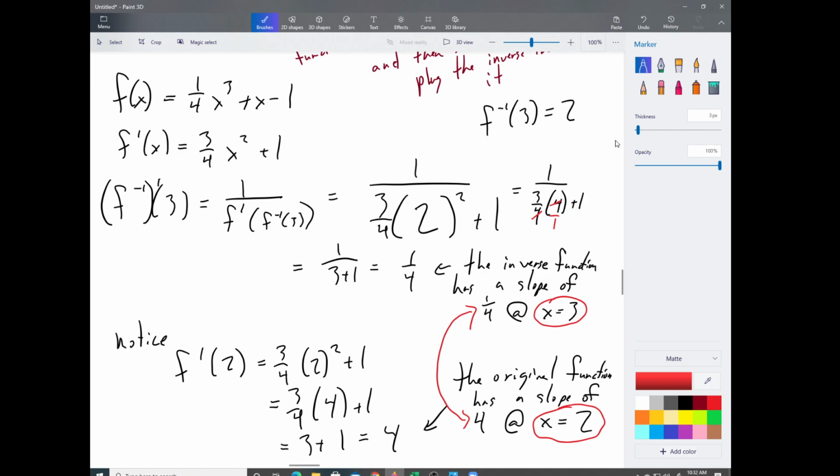There's this relationship between the two that mathematically writing it out looks crazy complicated, and it will take some getting used to. But there's this relationship here that's really special between a function and its inverse.